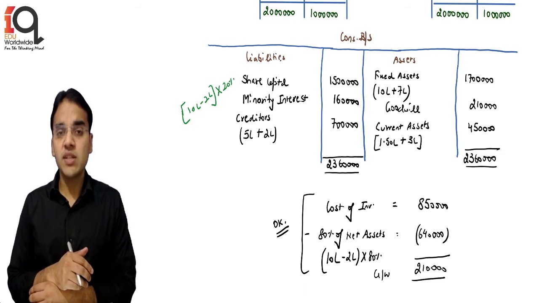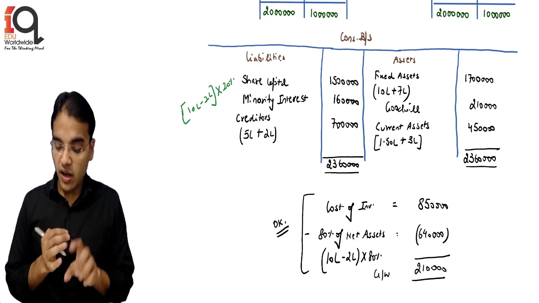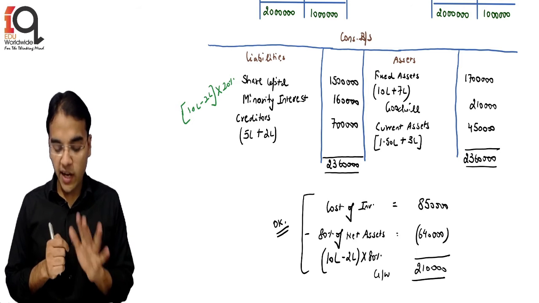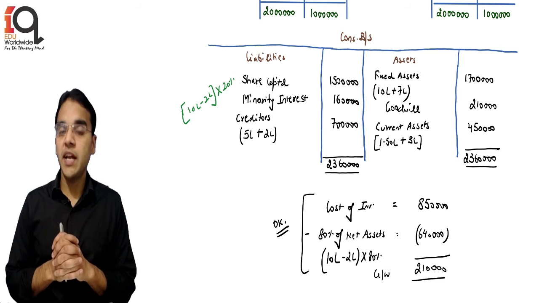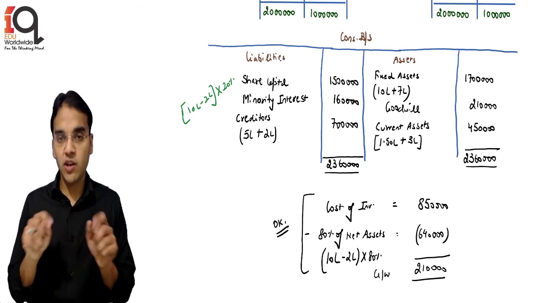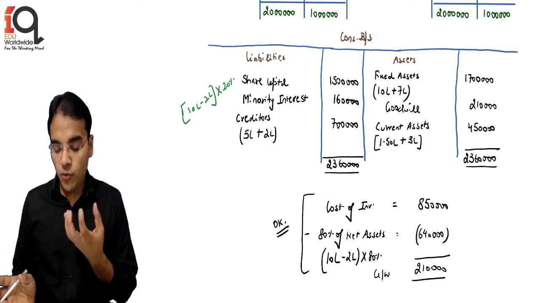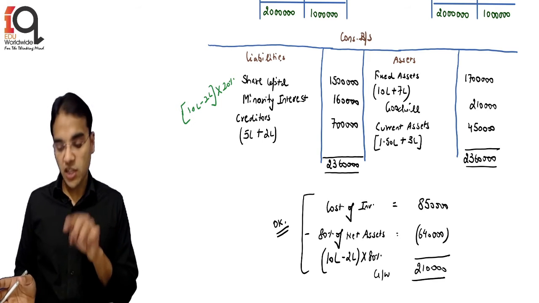So if I ask you what entry is getting passed here: fixed assets account debited 7 lakh, current assets debited 3 lakh, goodwill 2 lakh 10,000 will come, to creditors 2 lakh, to investment will be knocked off, 850, and to minority interest 160 will also come. If we were putting only 80% of the net assets, your minority interest would not have been there, as I showed you earlier.